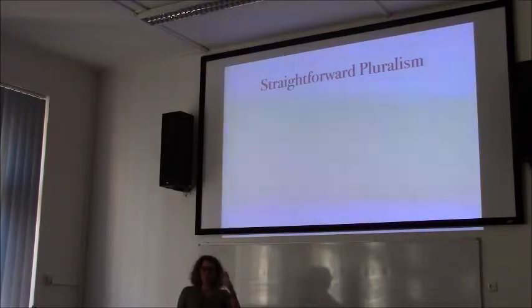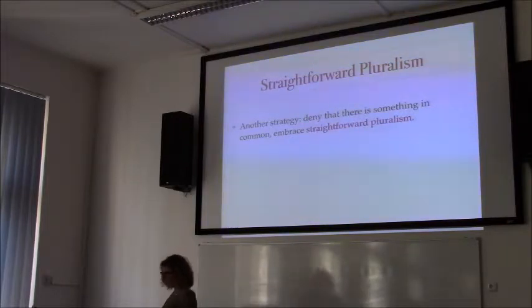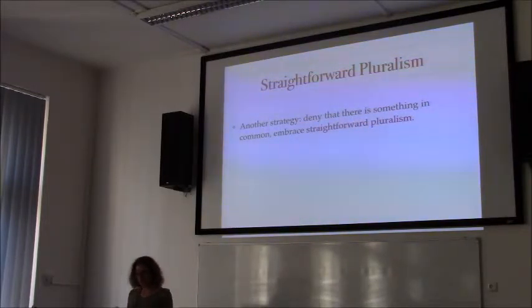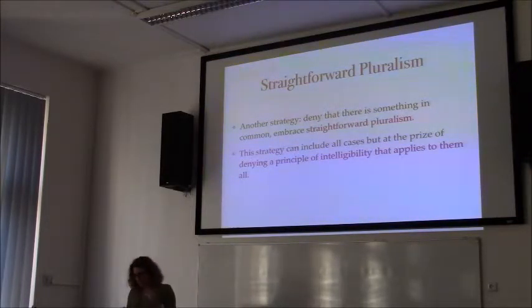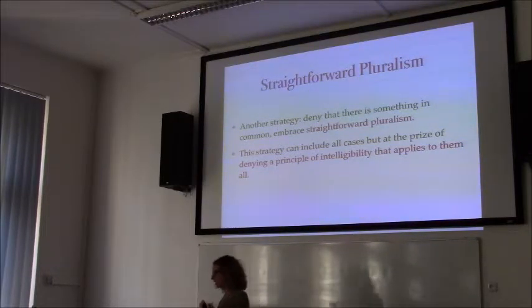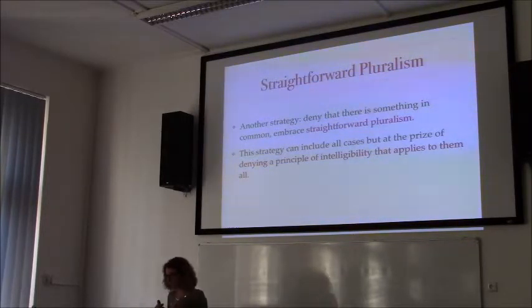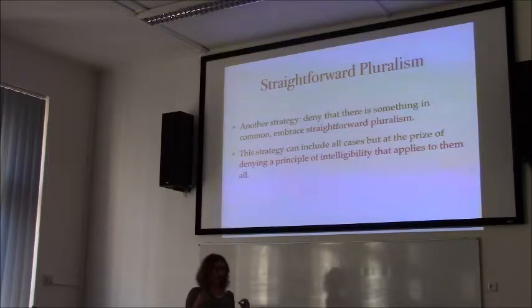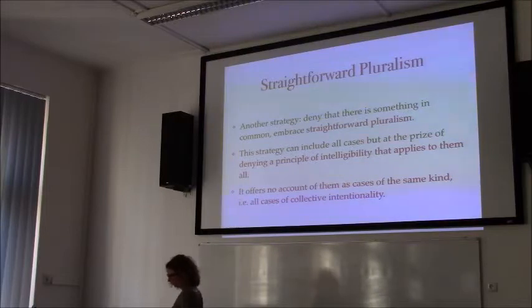Now, you might think, well, here is another alternative. You can embrace straightforward pluralism. You can deny that there is something in common between all of these cases, and just say, no, they are different cases. This strategy effectively includes all of the examples, but at the price of denying that there is a principle of intelligibility that applies to all of them. So there is something of the explanatory enterprise that is lost by embracing straightforward pluralism.